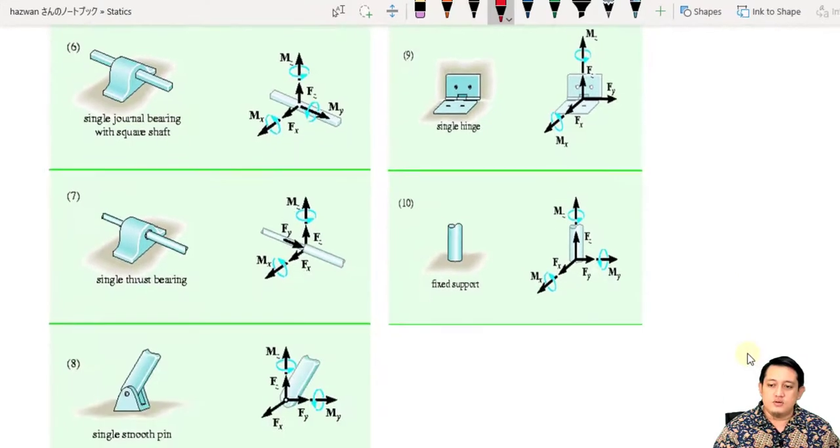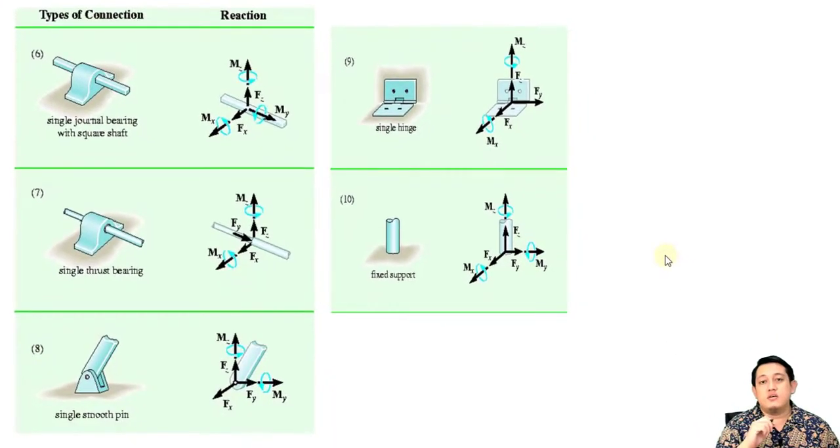Based on my explanation, please take a look at the other connections: connection number 6, 7, 8, 9, and also 10. Try to think it through by yourself. Ask yourself whether we can move it freely in the X, Y, and Z directions.